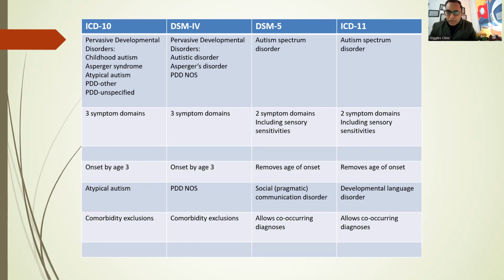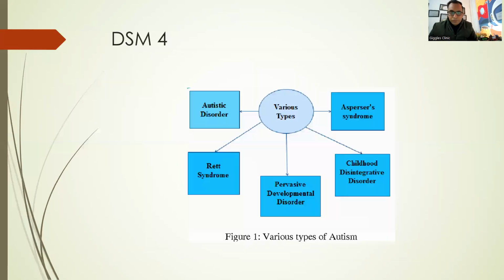Otherwise, we cannot make a diagnosis of ADHD below 4. We can use the word overactive, but we cannot use the word hyperactive in a child less than 4 years. So this was the peculiarity of DSM-5 and ICD-11, that you can make a combined diagnosis of autism with ADHD, also including the comorbid features associated with autism and ADHD, which was not there in ICD-10 and DSM-4.